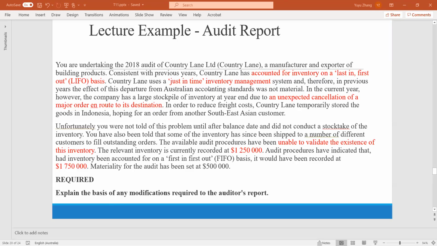Apparently it is an Australian company because we are in Australia, right? So Country Lane uses a just-in-time inventory management system. In previous years, the effect of this departure from Australian accounting standards was not material. In the current year, it has been material due to unexpected cancellations of major orders, the goods en route to this destination. So in order to reduce the freight cost, the company temporarily stored the goods in Indonesia, hoping for an order from another Asian customer.